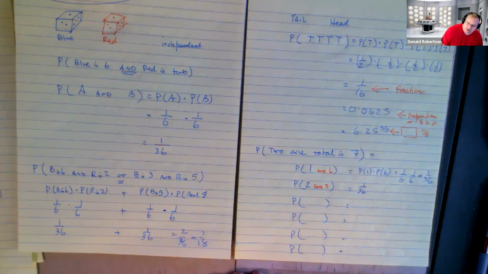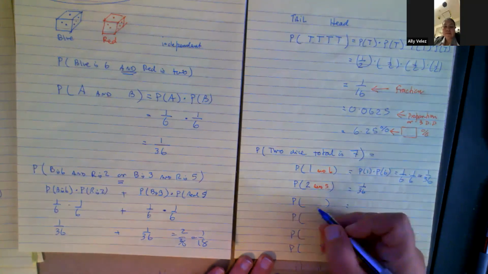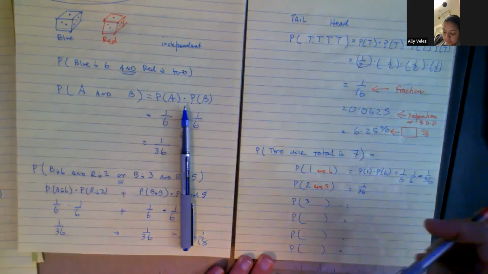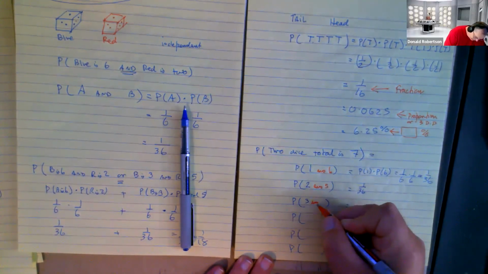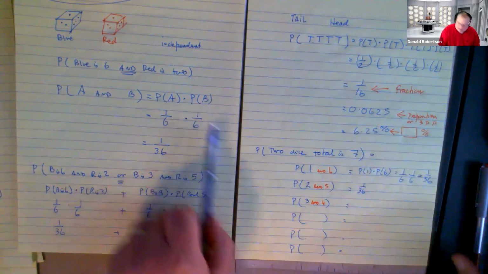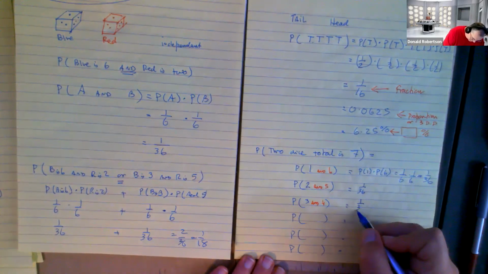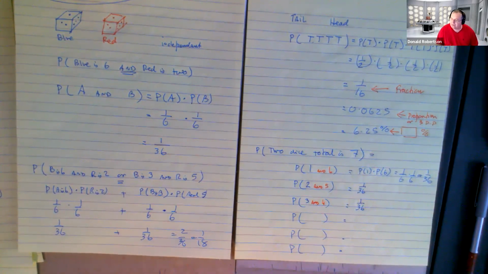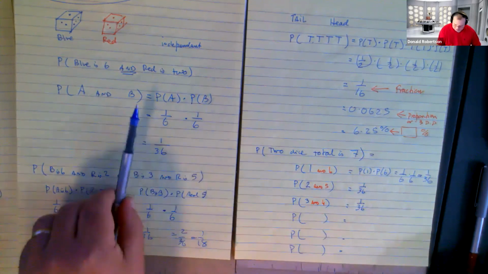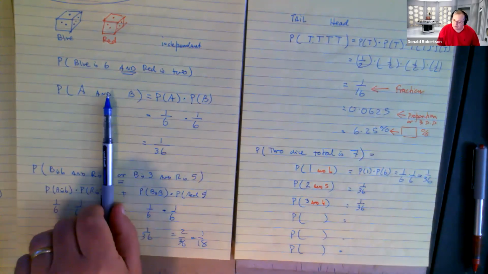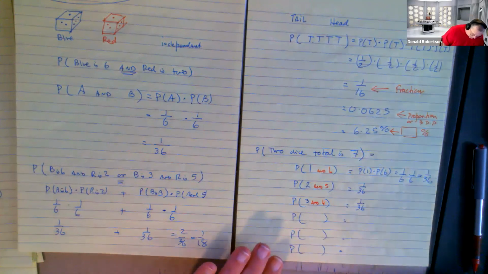The next combination that adds up to 7? 3 and 4. Yeah. Can you see this being quite laborious? Would you agree you eventually get 1/36 again? You with me so far? Right. Keep going. What's the next one?